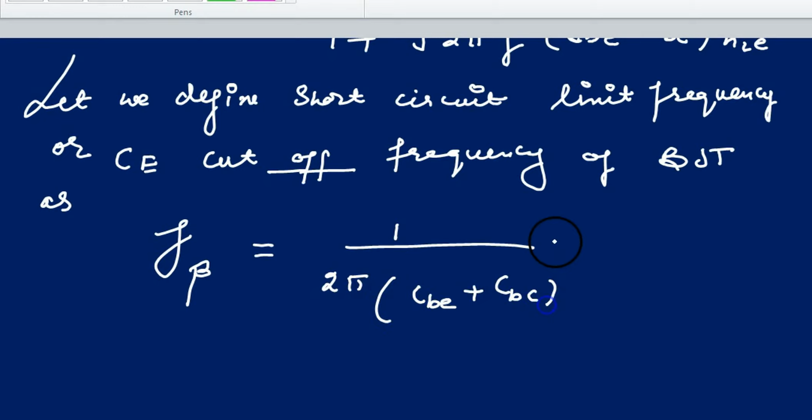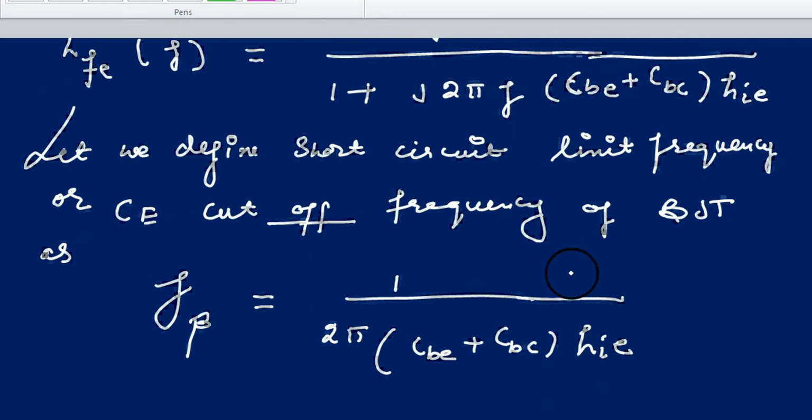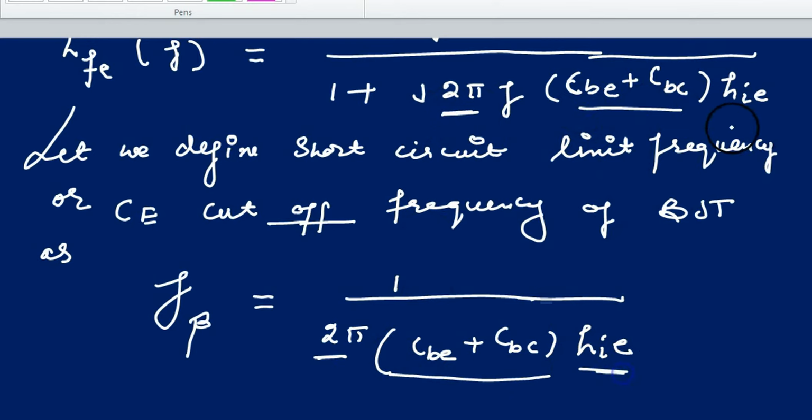Let it be defined like this, and substituting this value in the expression here. So F beta, now we are introducing F beta in this term.